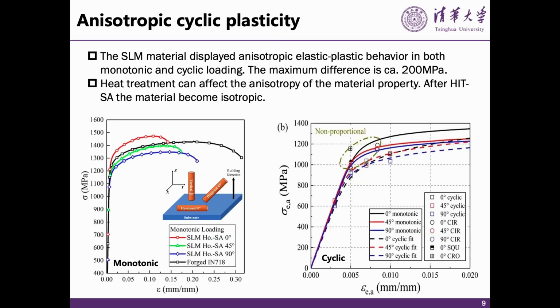We have 3 directions: 0 degree, 45 degree, 90 degree, and the dashed line shows the cyclic stress strain curve. These features look comparable to the forged material. Therefore, the stress strain curve looks similar. We see slight differences in different orientations.